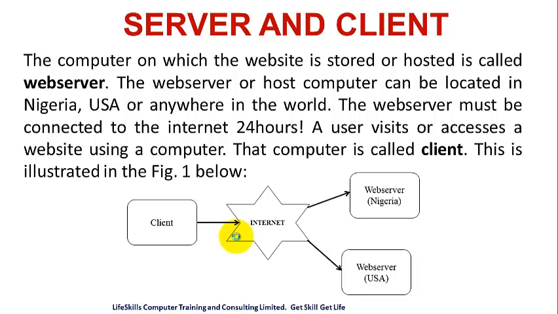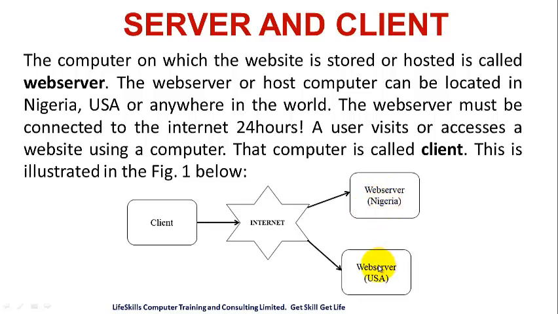Now, looking at this diagram, you have a client, you have the internet, you have a web server, which can be in Nigeria or USA. Now, what is the meaning of this? When you develop your site, you host it in Nigeria or in the US.